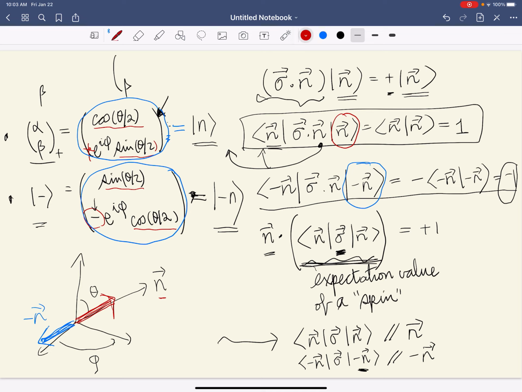Plus n here, minus n over there. Okay, so this is a geometric way of representing the states, which are quantum states, of course.